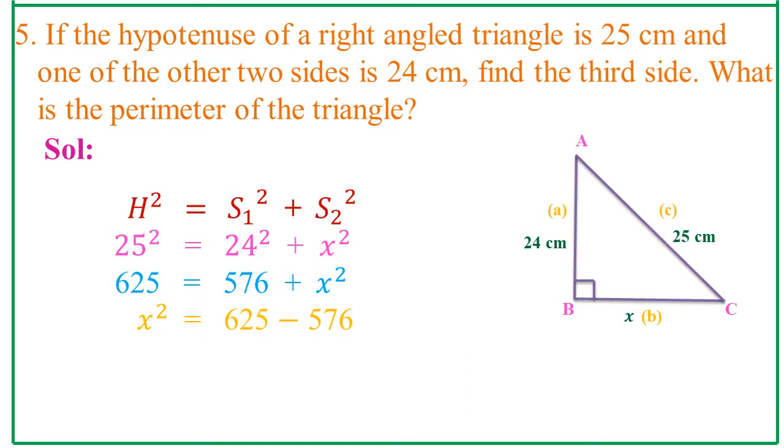Now we need to find x squared, that means the third side. So 576 transposes to the LHS, and plus becomes minus: x squared equal to 625 minus 576. Subtract the values, we get 49. So x squared equal to 49.